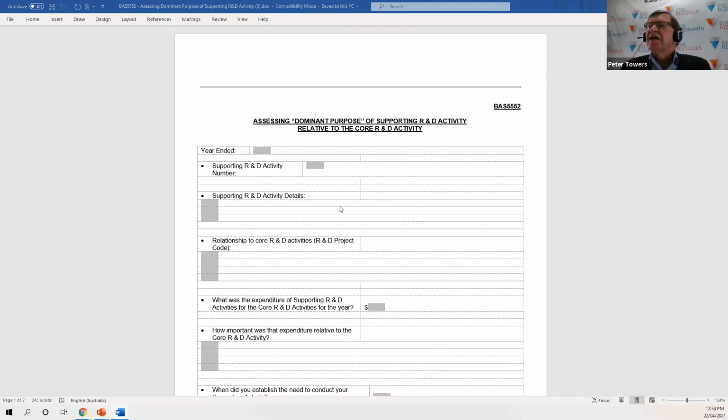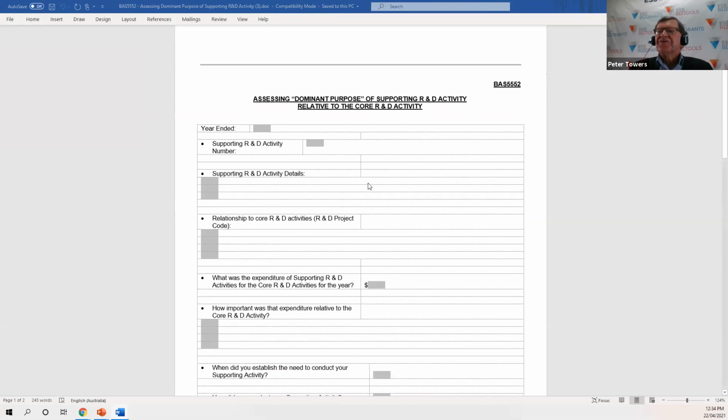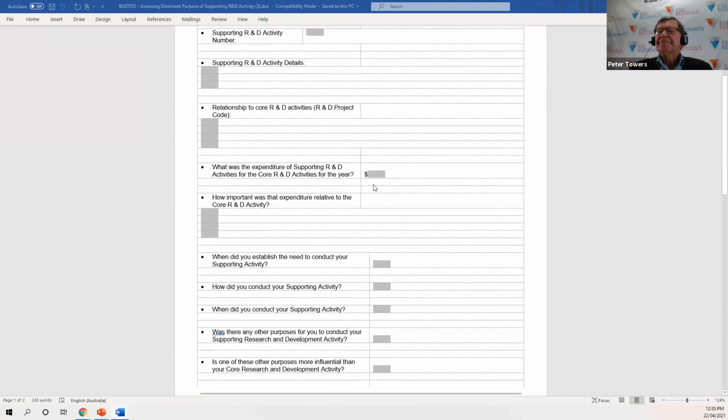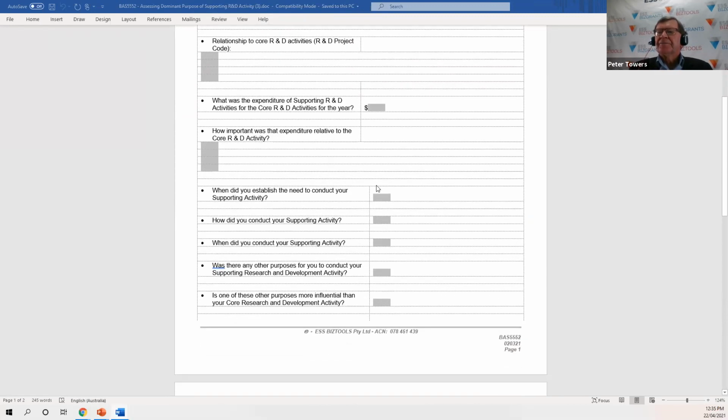So this is the assessing dominant purpose of supporting R&D activity relative to a core R&D activity. What's the supporting R&D number? What's the relationship to the core activity? And so on.